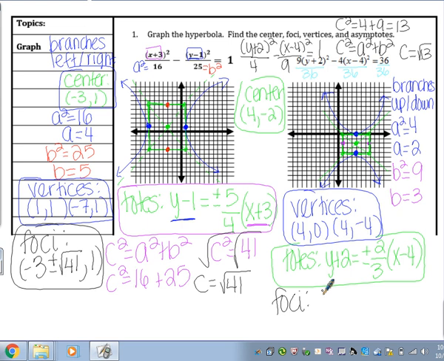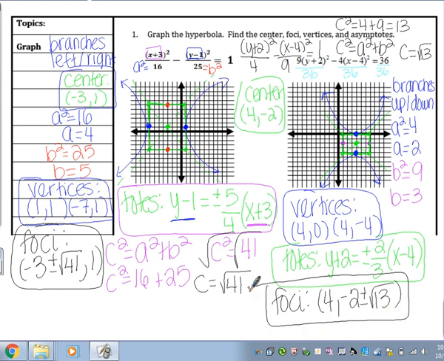The y. So we have 4 and then -2 plus or minus the square root of 13. No, I don't have you guys graph the foci.